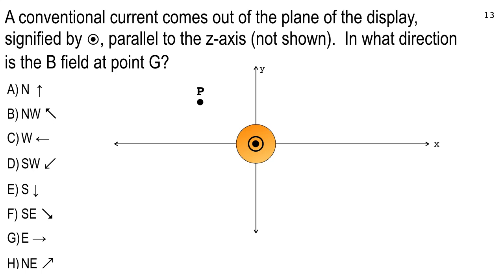How about point P? Keep circulating. 15 seconds. 10, 9, 8, 7, 6, 5, 4, 3, 2, 1, 0.